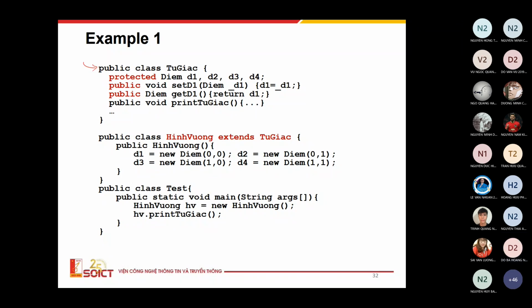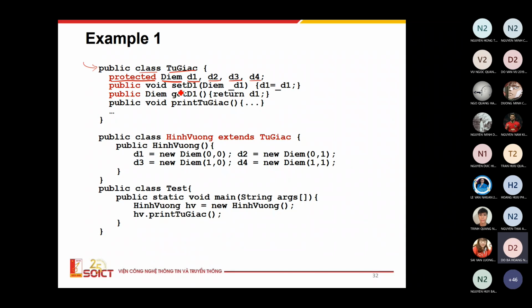I'm here. So how do you read this code? In the first class, we have a tứ giác class. And in this class, we have 4 điểm, 4 attributes D1, D2, D3, D4, which are điểm objects. The modifier is protected.